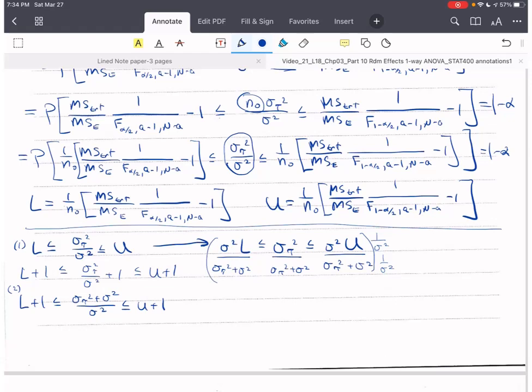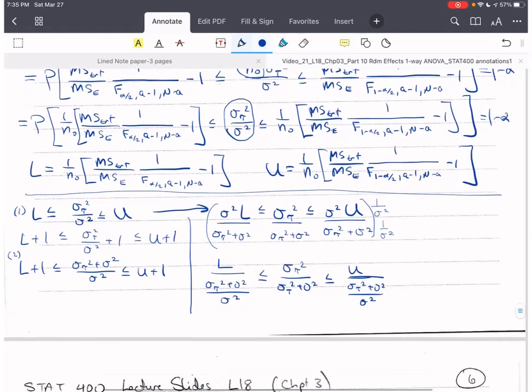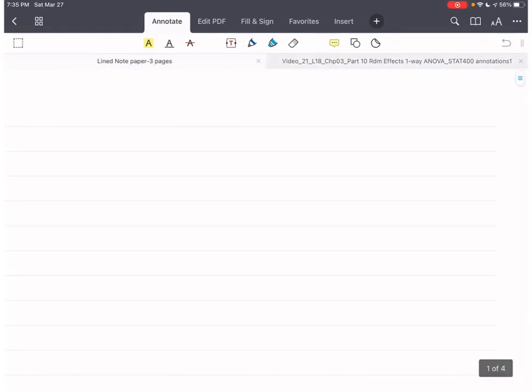And this is going to give me L over sigma tau squared plus sigma squared over sigma squared. And then I have sigma tau squared over sigma tau squared plus sigma squared. And then I have U over sigma tau squared plus sigma squared over sigma squared. And this becomes, I'm going to move to another piece of paper here.